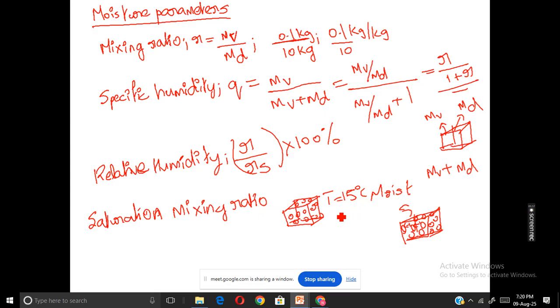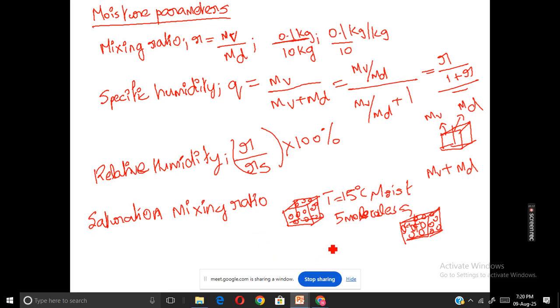Suppose at 15 degrees Celsius, we can add 5 molecules of water vapor to the parcel. This is the maximum amount of water vapor molecules that the parcel can hold. If we keep on adding, the water vapor will start to condense because it exceeds the saturation limit.